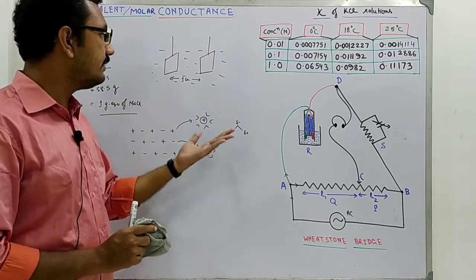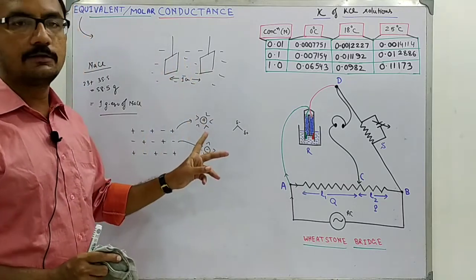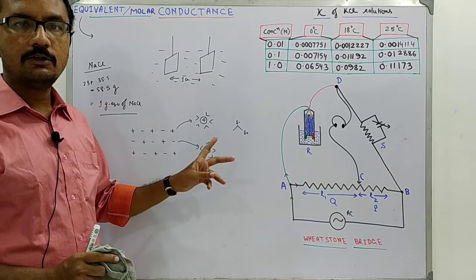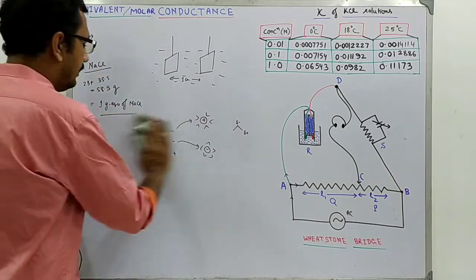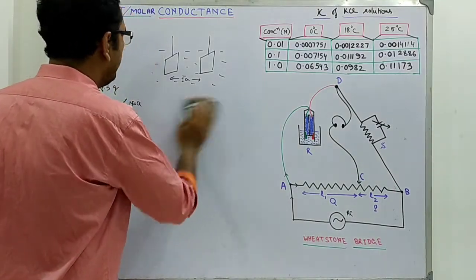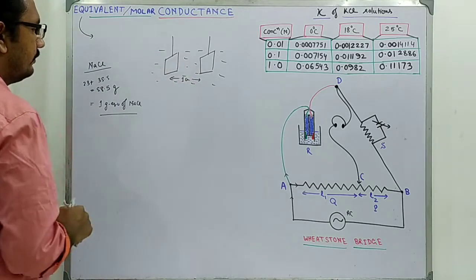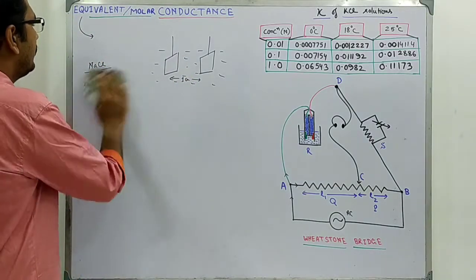So, practically it is impossible to determine equivalent conductance. So, how will we deal with it? Now, that we require enormously large electrodes, let us check whether we are correct or not.